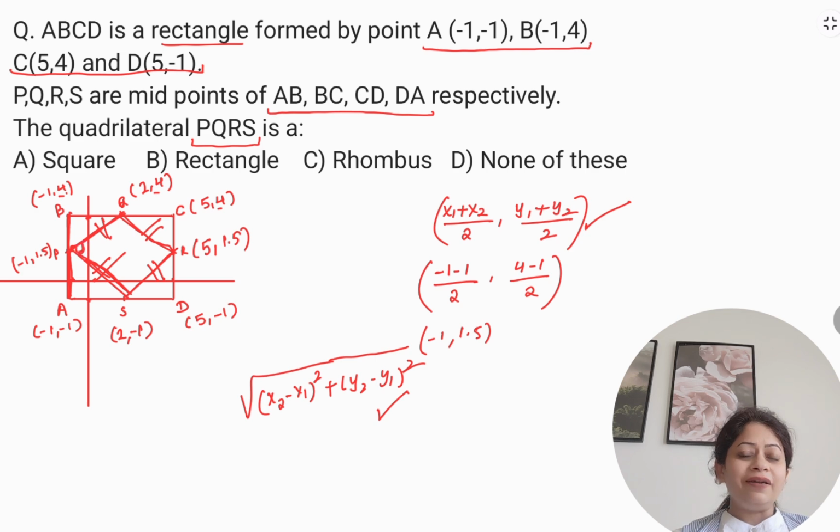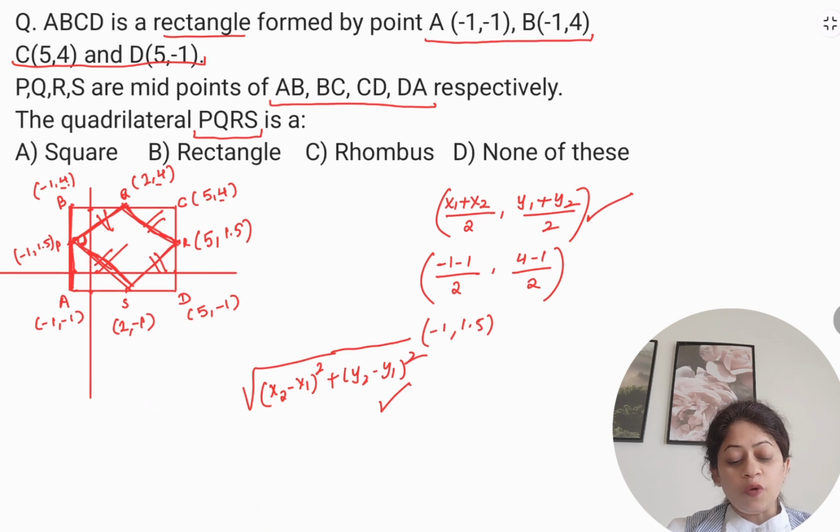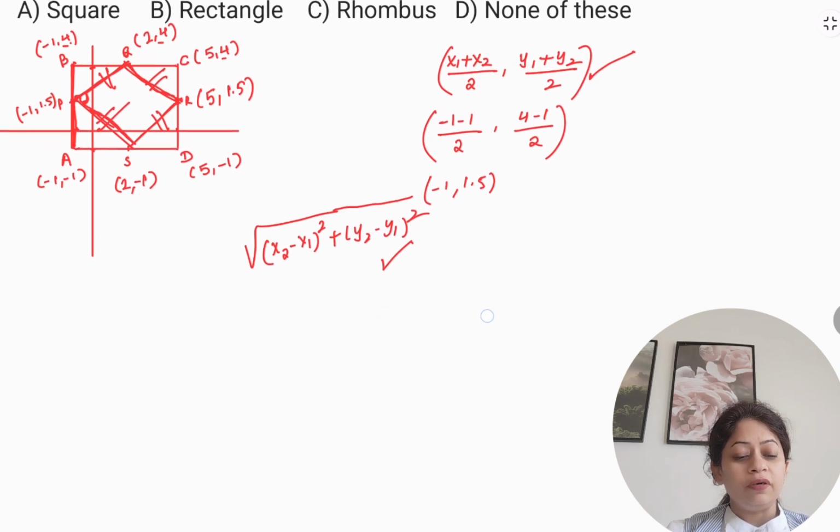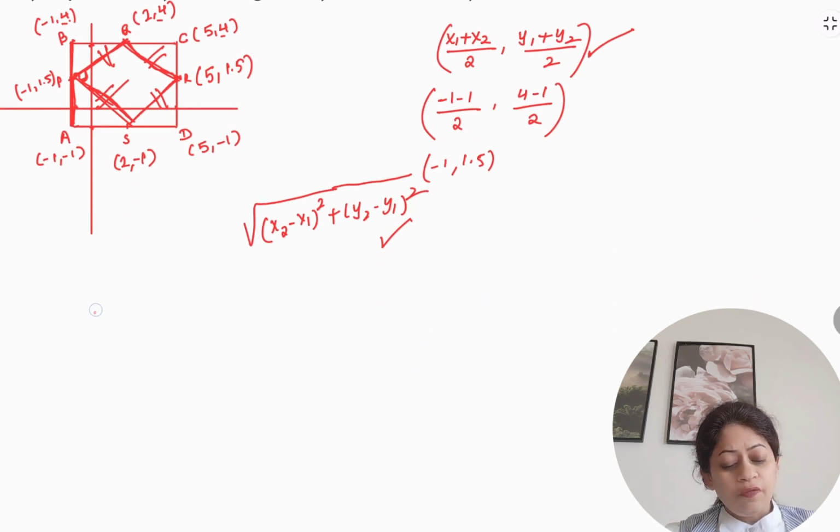For that, I check the slope of PQ and the slope of QR. What is the formula?